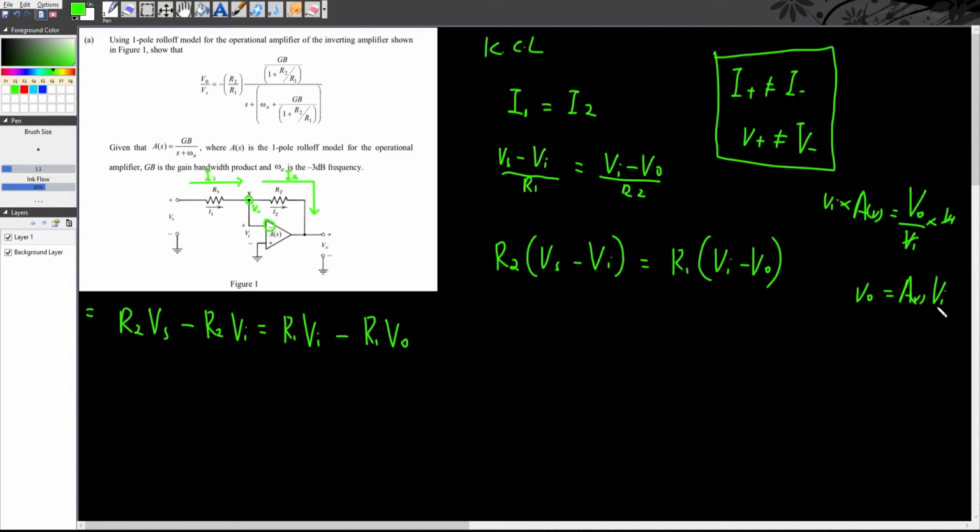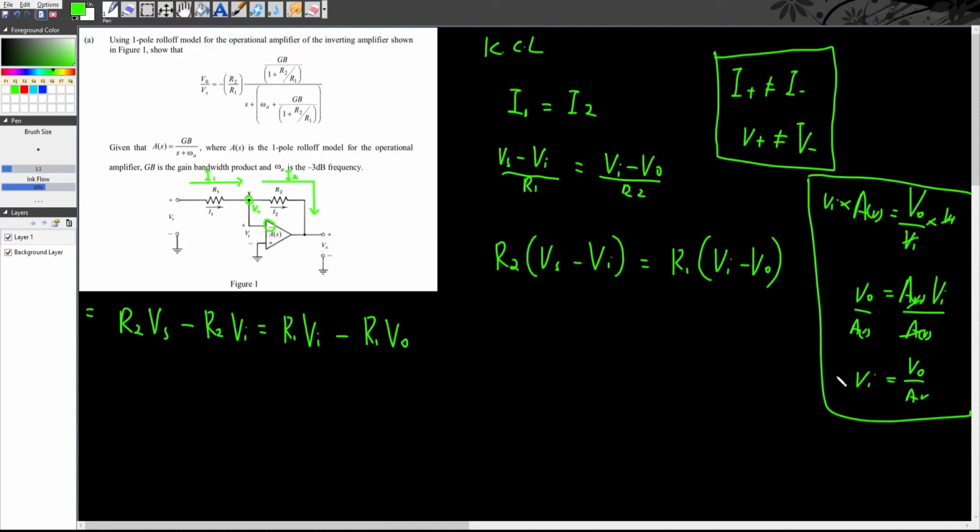And if we want to make input voltage the subject, we divide both sides by gain, so that input voltage is equal to output voltage all over voltage gain. You don't actually have to do this for input voltage. I just do it for this particular question because it makes it easier for me.